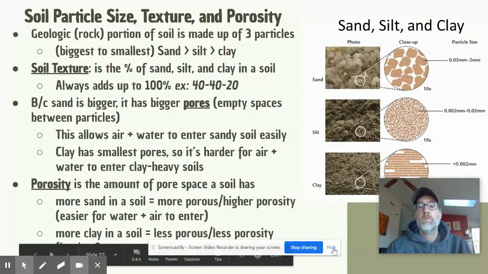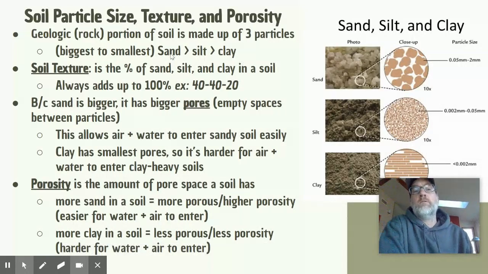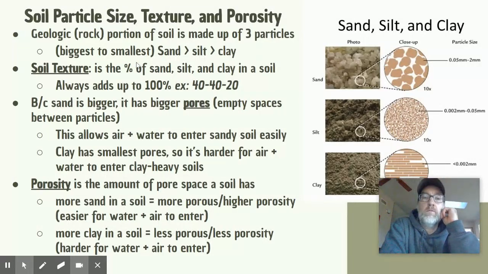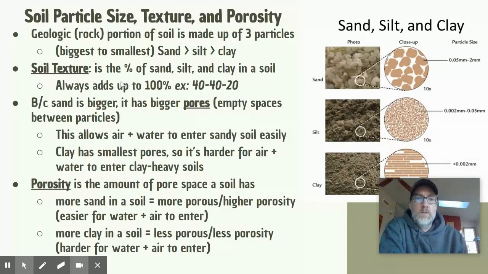So first, just to remember, soil is inorganic and organic material. It's made up of three particles, sand, silt, and clay, in order of size. The soil texture is determined by the percent of each of those things. This is always going to add up to 100%, typically when they talk about soil texture.